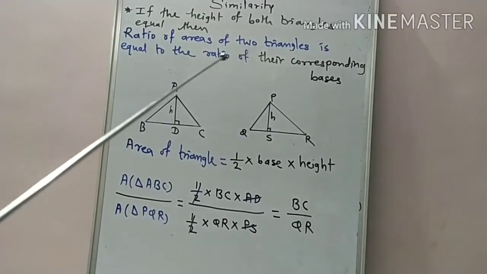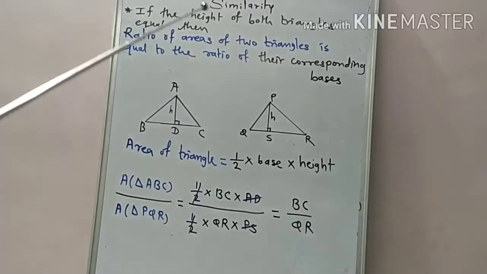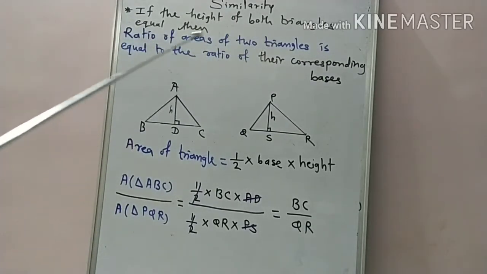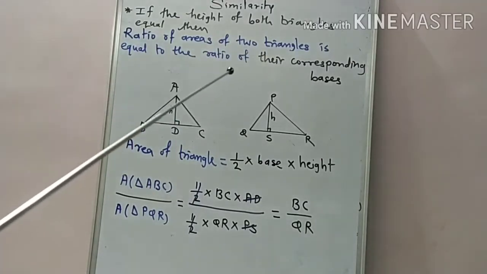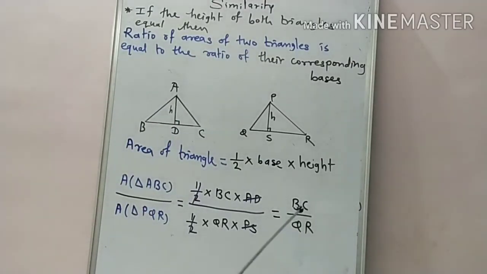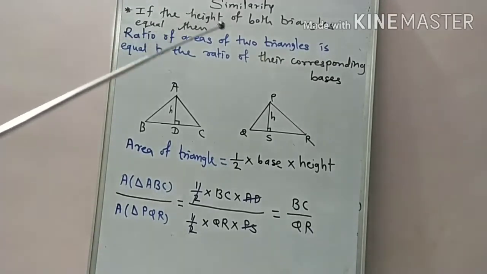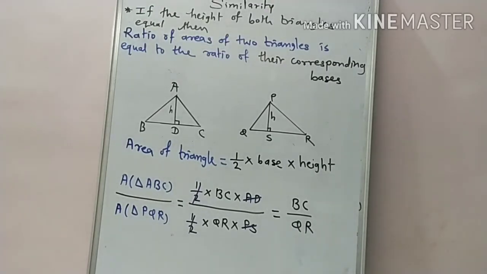Understood, students? If the height of both triangles is equal, then the ratio of areas of two triangles is equal to the ratio of their corresponding bases. So you can directly write down this ratio of bases when the height of both triangles is equal.